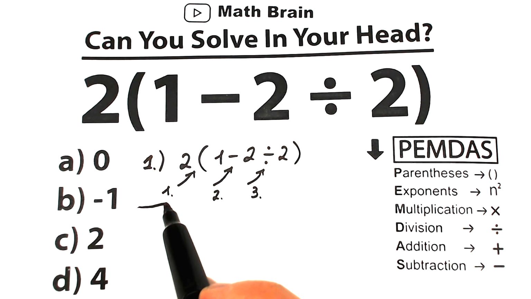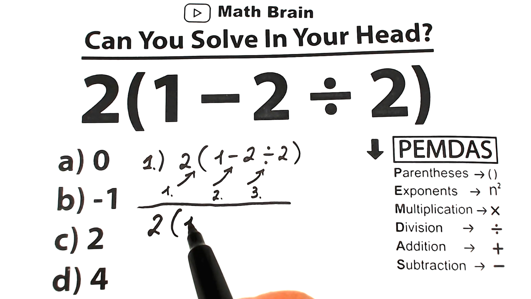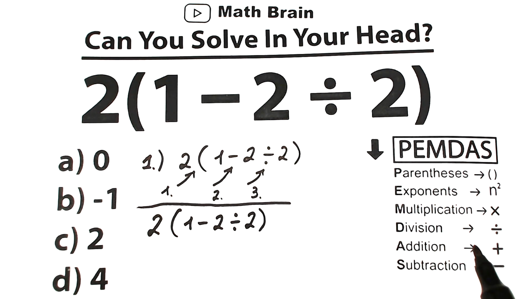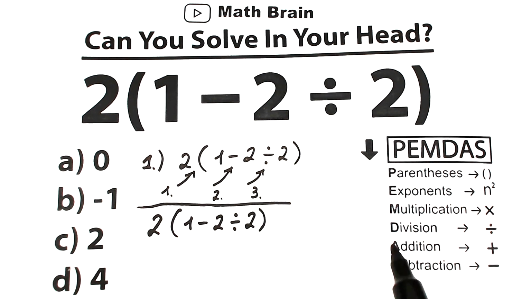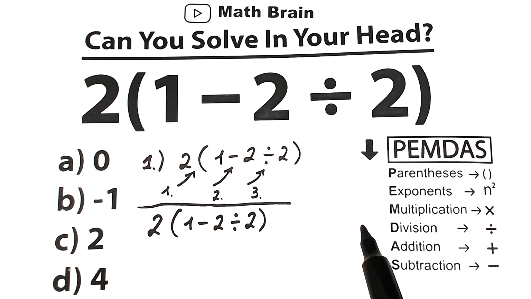Let's rewrite this challenge: we have 2 and 1 minus 2 divided by 2. PEMDAS works from the top to the bottom, so the first step and the highest priority is parentheses. Next we have exponents, next the multiplication and division group, and the last step is the addition and subtraction group.